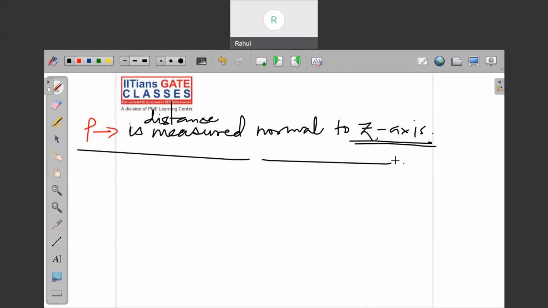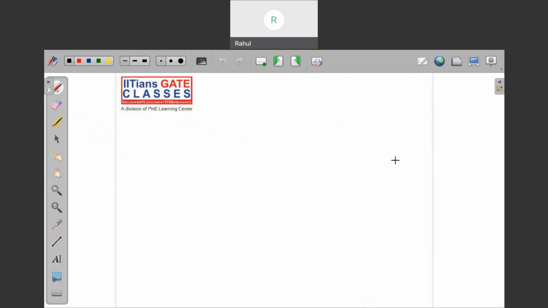if phi is constant, rho can change from 0 to infinity. You need to keep all this in mind, because in the examination, whenever any problem is given, you have to decide which coordinate system to use, which parameter is going to be constant, and what range the other parameters can vary over.